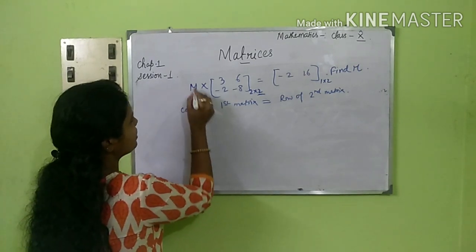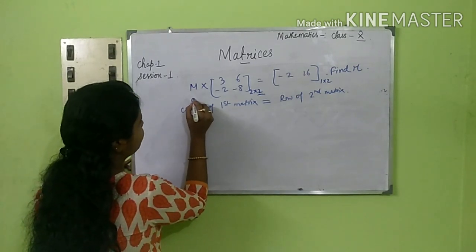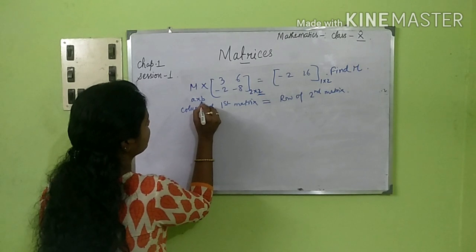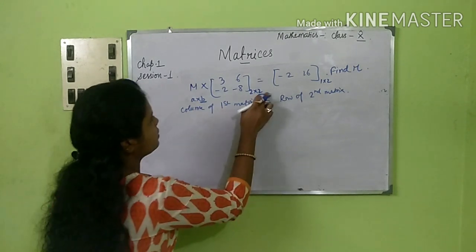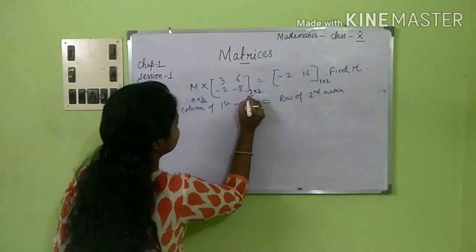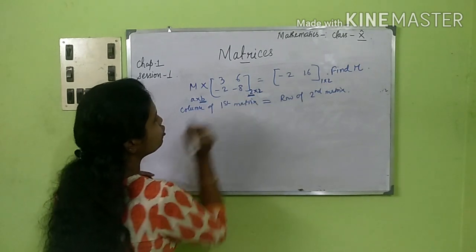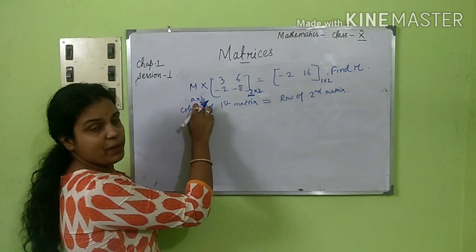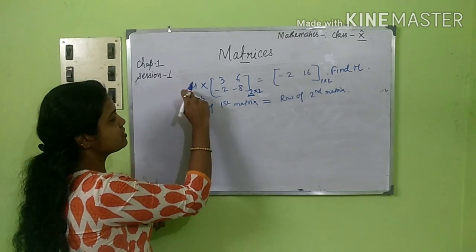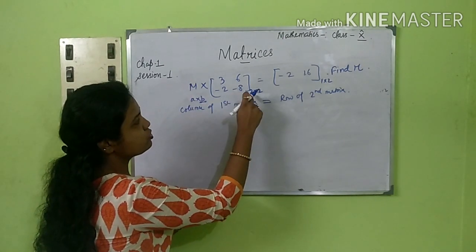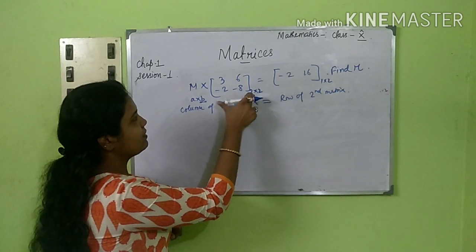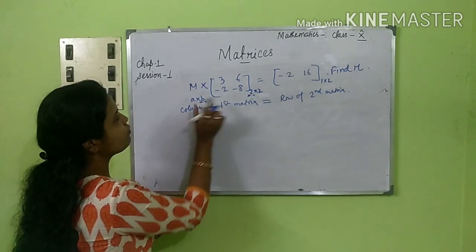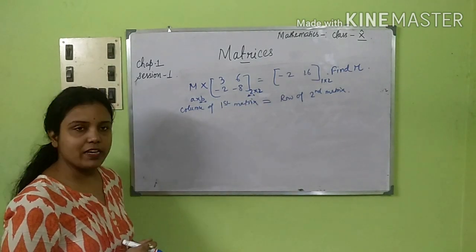If I take it as A cross B, this is the second matrix, that means B is equal to 2, right? This is the column of the matrix M. This is the first matrix and the second matrix is 2 cross 2. So its row is 2. That means the value of B will be 2, right?